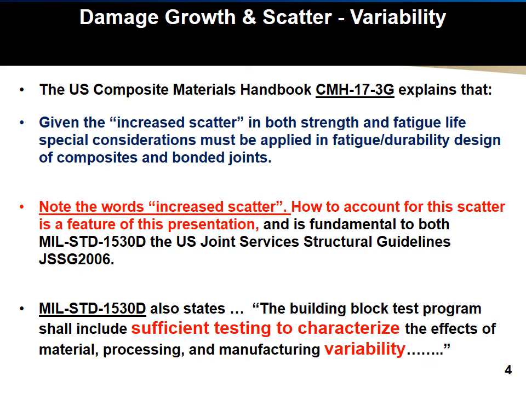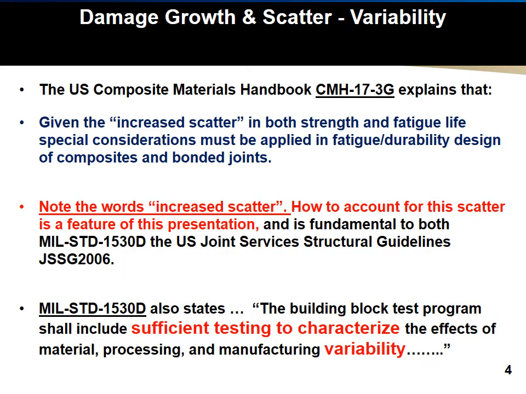In this context, the United States Composite Materials Handbook, CMH-17-3G, explains that, given the increased scatter in both strength and fatigue life, special considerations must be given to the fatigue durability design of composites and bonded joints. Note the words increased scatter.